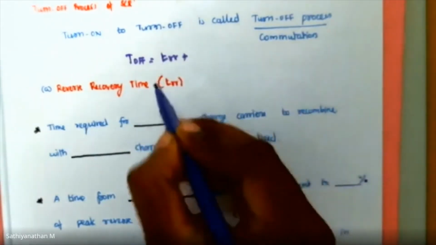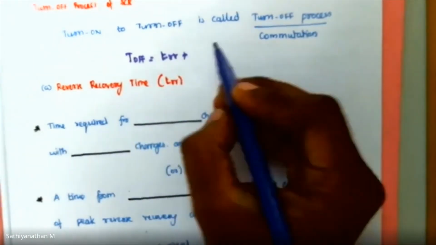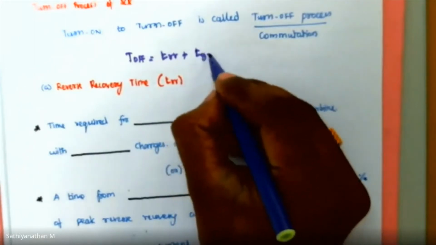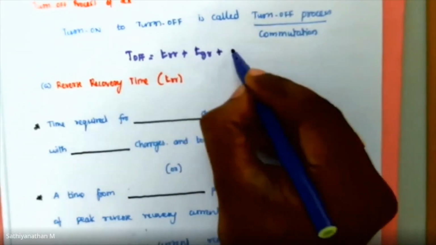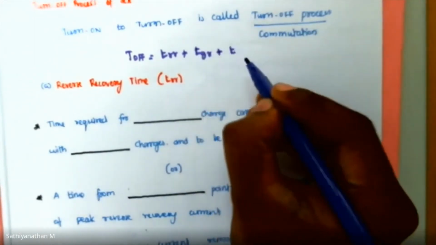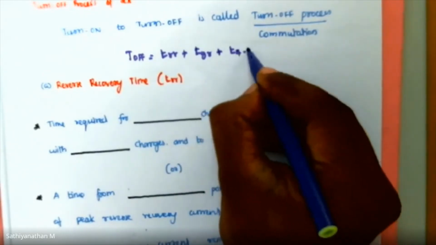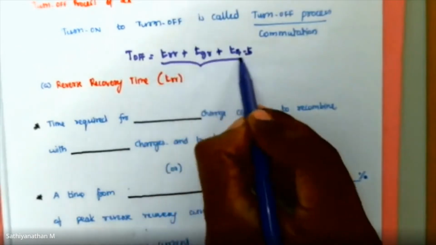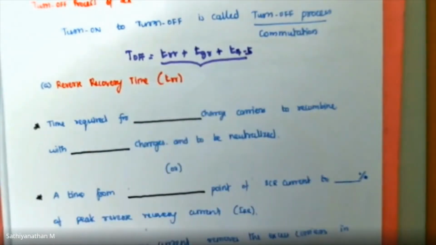TRR, that is reverse recovery time, the second one is the gate recovery time, and we are adding one more time interval during T4 to T5. If you add these 3 time intervals, you will get the total turn off time of an SCR.